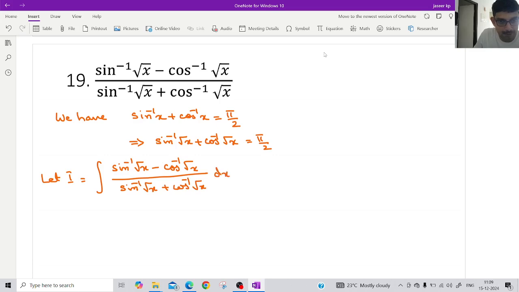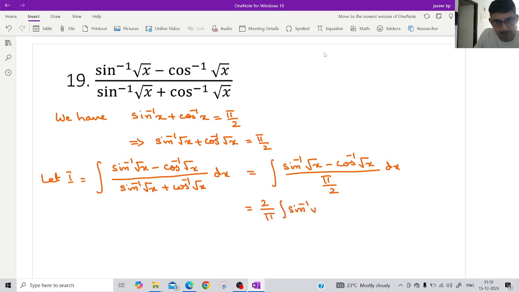So that means the denominator is pi by 2. Sine inverse root x minus cos inverse root x dx. So 1 by pi by 2, that can be written as 2 by pi. So sine inverse root x minus cos inverse root x dx.